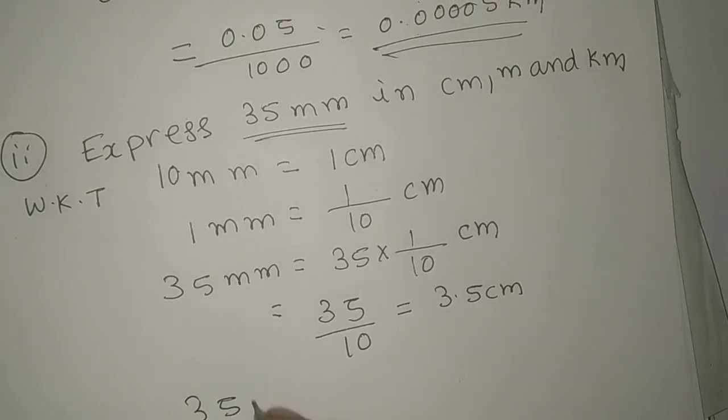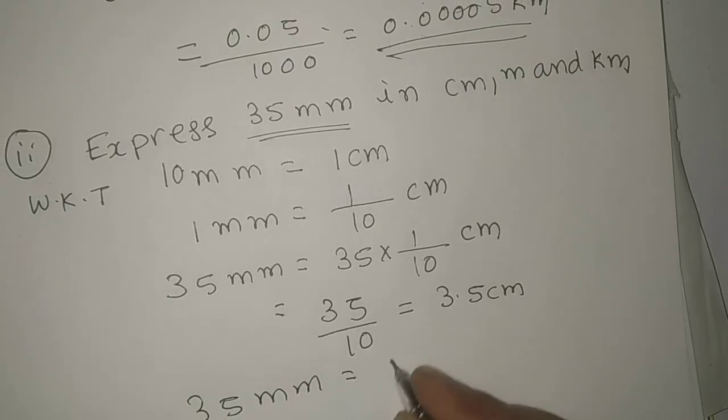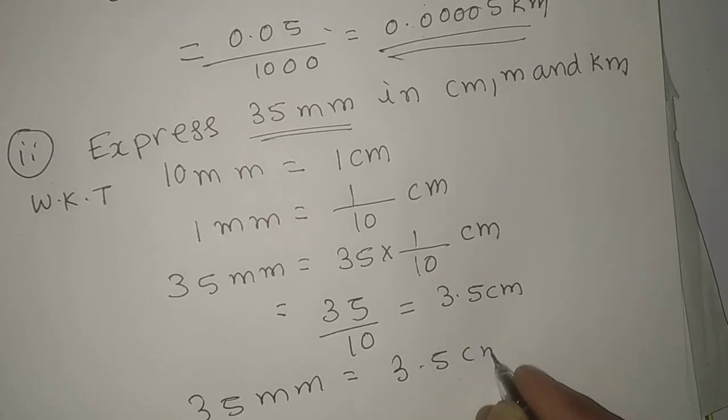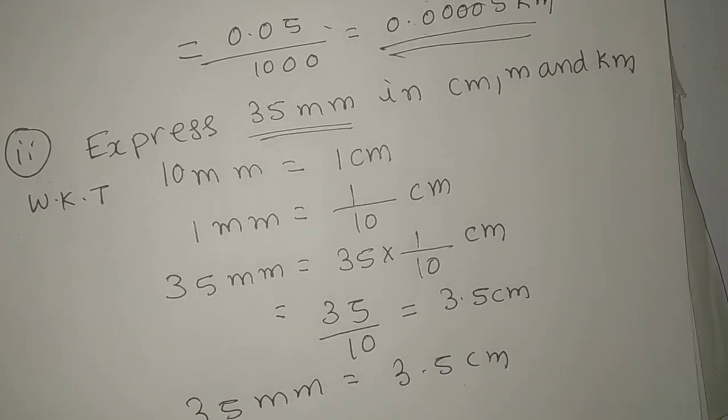So 35 millimeters is equal to 3.5 centimeters. Now we finished converting millimeters to centimeters.